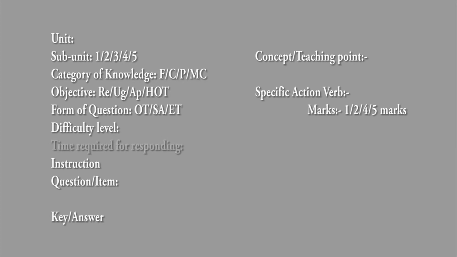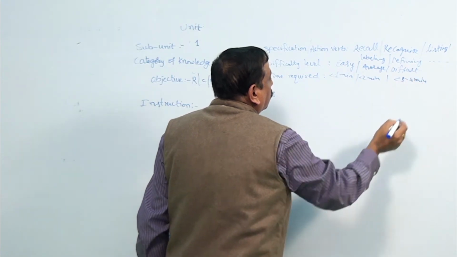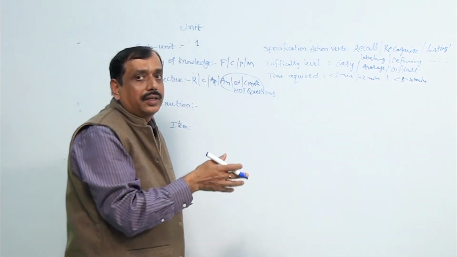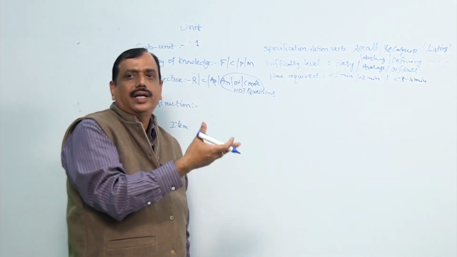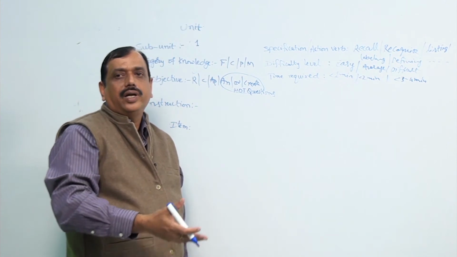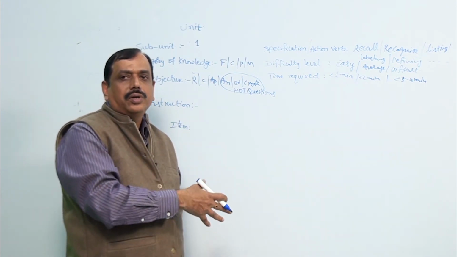So, depending upon the likely time that the student is going to consume for responding to your question, you can mention the time required in terms of minutes. You should also consider the time factor of the kind of questions that you are posing and the time required for the respondent to respond.